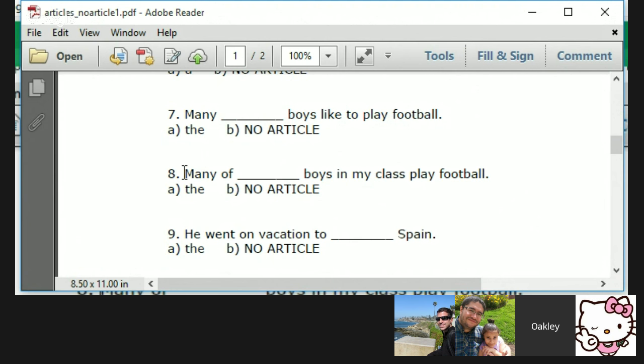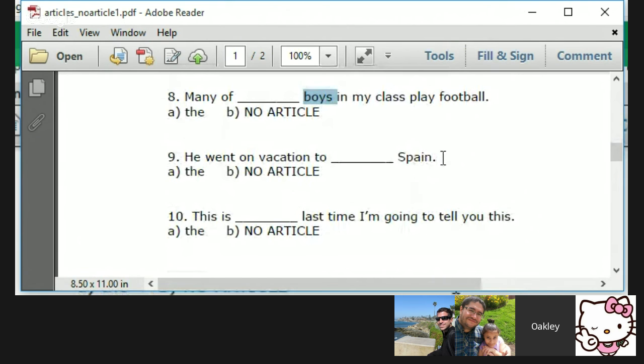So the subject noun that we have to consider when we conjugate the verb, in these types of phrases, is actually the noun that's part of a prepositional phrase. Many of the boys play. All right, just be aware of that. That's kind of a side note there.